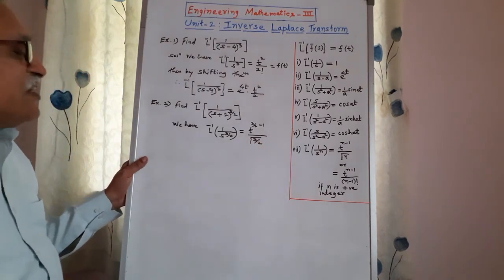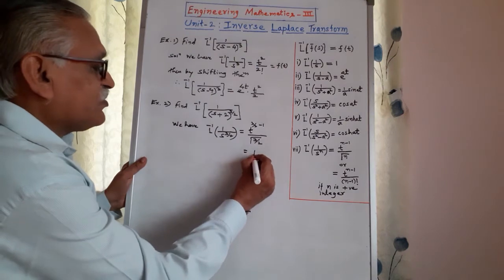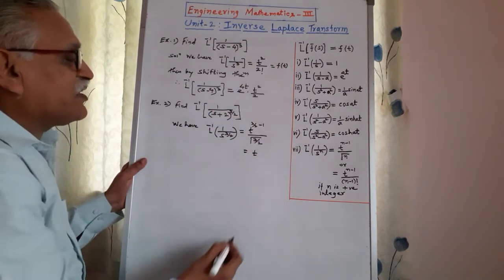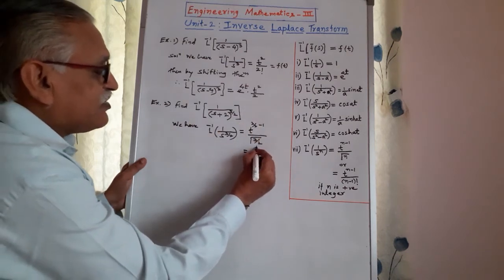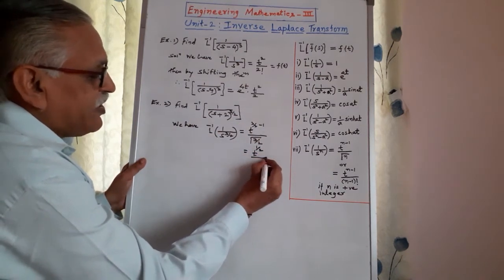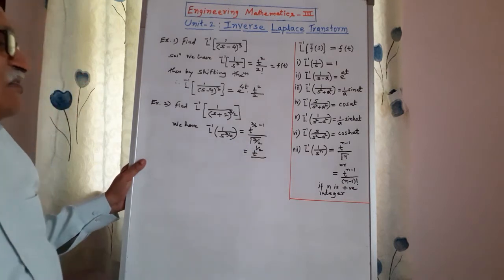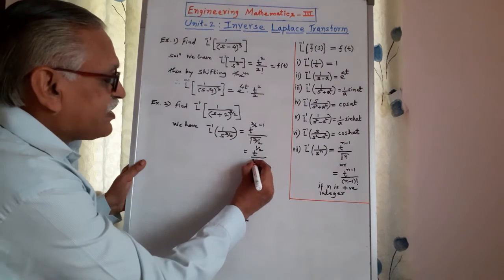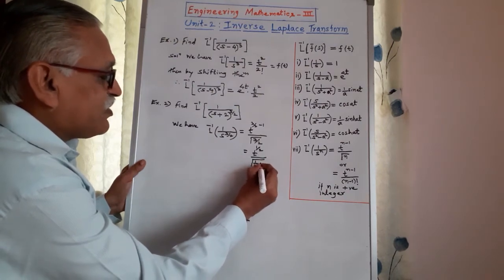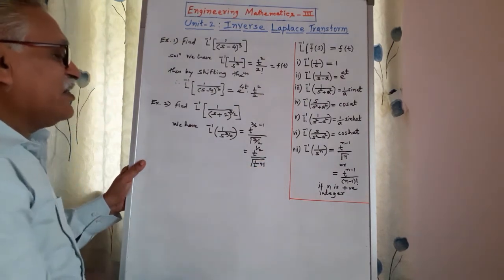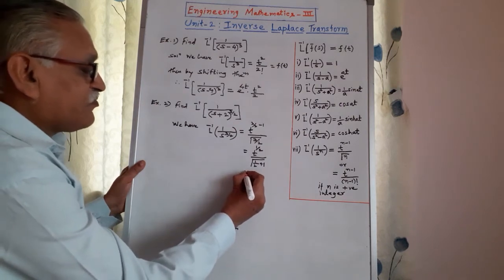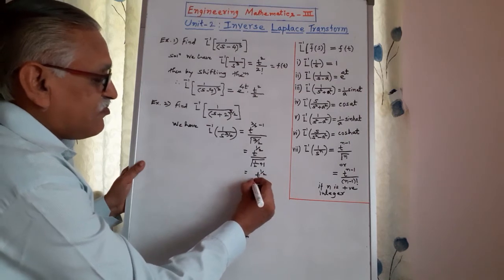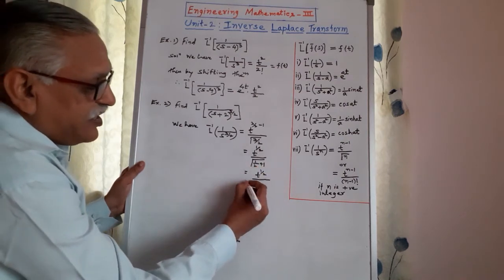Okay, and therefore it is equal to t raised to 3 by 2 minus 1, which is 1 by 2, divided by gamma n, which we write in the form of gamma n plus 1. Therefore 3 by 2 I can write as 1 by 2 plus 1, so it is t raised to 1 by 2 divided by 1 by 2 gamma 1 by 2, since gamma n plus 1 is n gamma n.